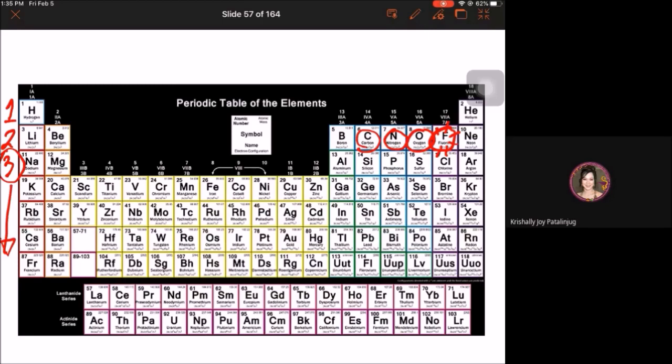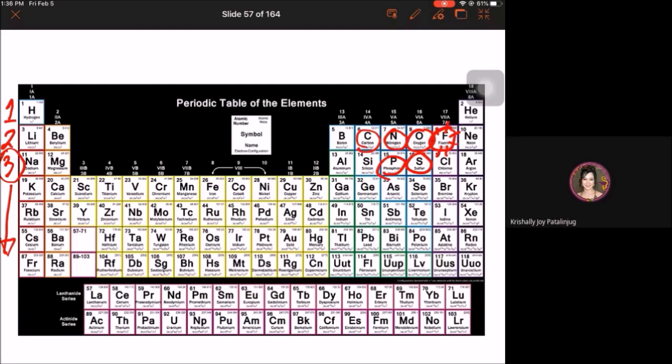Mula period 3 down the group, usually kapag naging central atom yan sila, they do not follow the octet rule in writing Lewis structure.